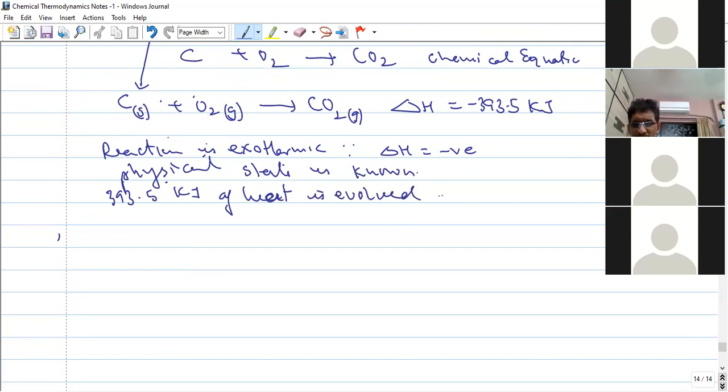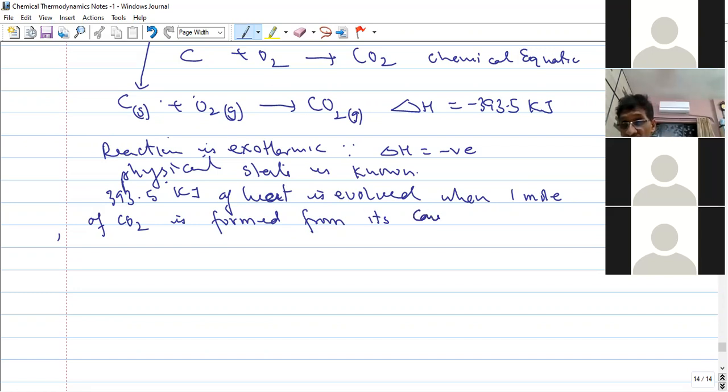When 1 mole of carbon dioxide is formed from its constituents. What are the constituent atoms of carbon dioxide? Carbon and oxygen.